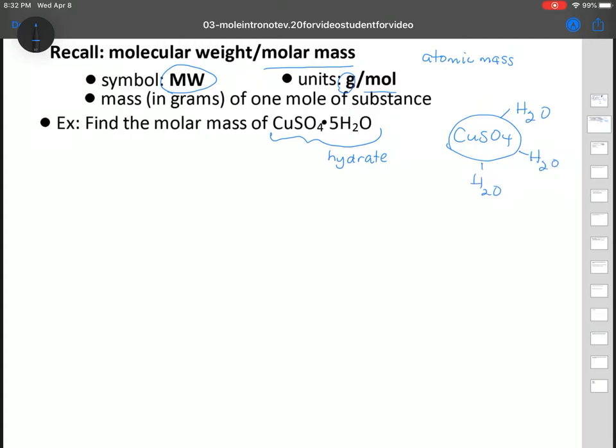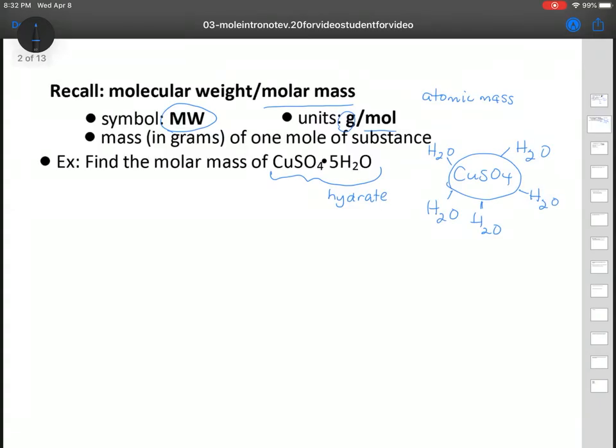If you say you hydrate yourself, then you add water. And hydrates are actually really common forms of ionic compounds. Like those of you that have a pool or something that has standing water, you might even use something called bluestone. So that's what this is, copper sulfate pentahydrate, we call it.